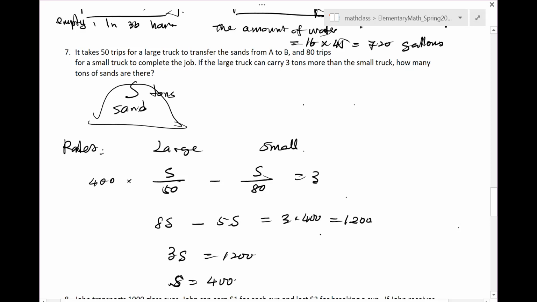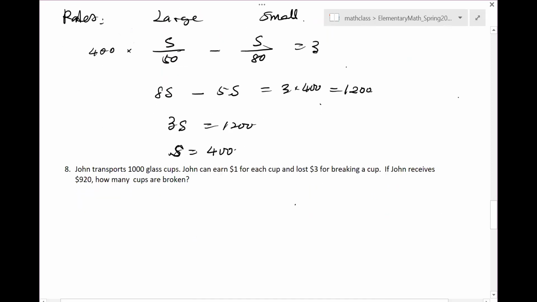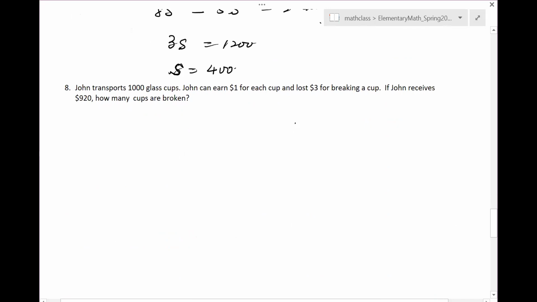When it's finished, you still have some sand left, so the small truck takes an additional 30 trips, something like that. So you can figure out the rate for the smaller truck. Then once you figure out the rate, 80 times the rate gives you the total amount. So I'm not going to go through this again, but you can try it. All right, let's take a look at the next problem.